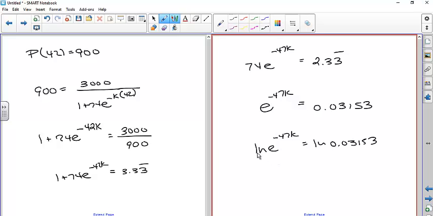So the natural log of e to that is just negative 47k, and the natural log of that is negative 3.457, and divide both sides by negative 47, and I get 0.0735. Let me double check and make sure that's right.